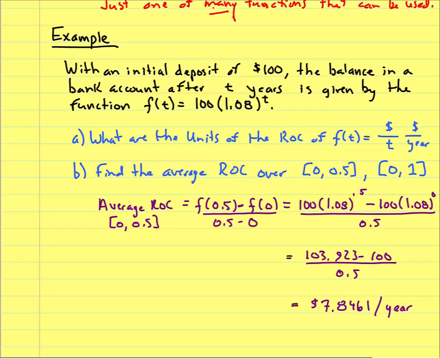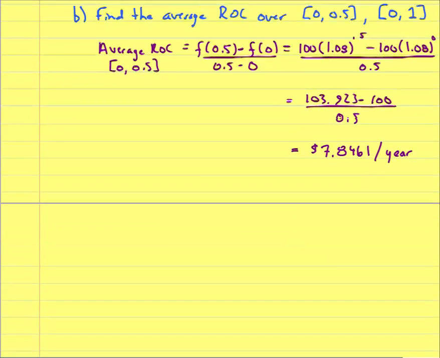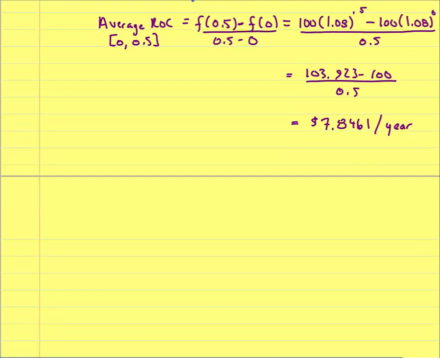Now let's go ahead and look at a wider interval. Could have looked at the narrower first. It might have been more interesting to look at the narrower first, but we'll end up with the same information. So I'm going to look at the average rate of change over the interval 0 to 1.